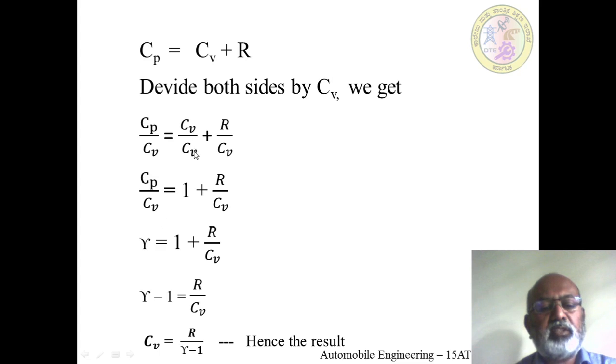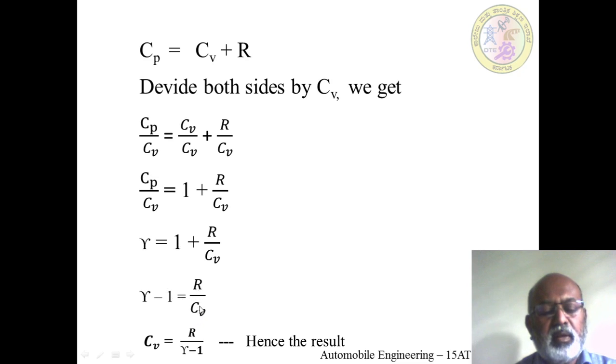Cv and Cv cancel, and one remains. So gamma is equal to 1 plus R by Cv. If we take 1 to the left side, it becomes minus 1. That is, gamma minus 1 is equal to R by Cv.